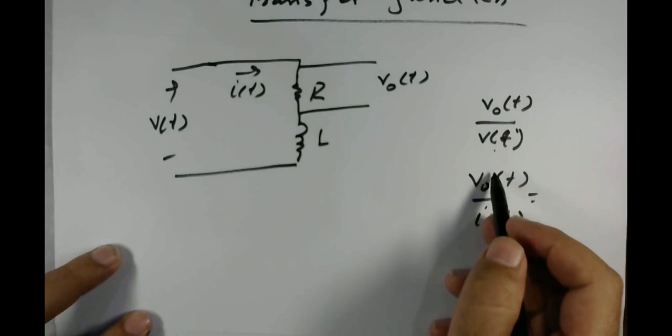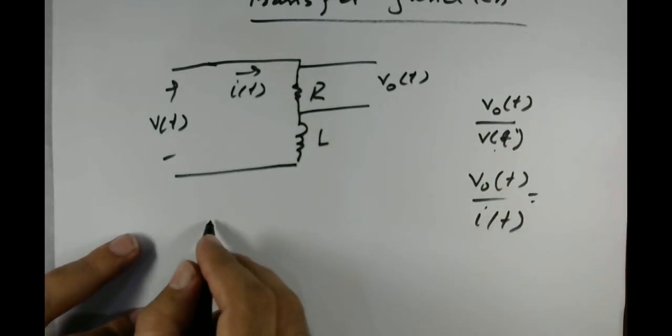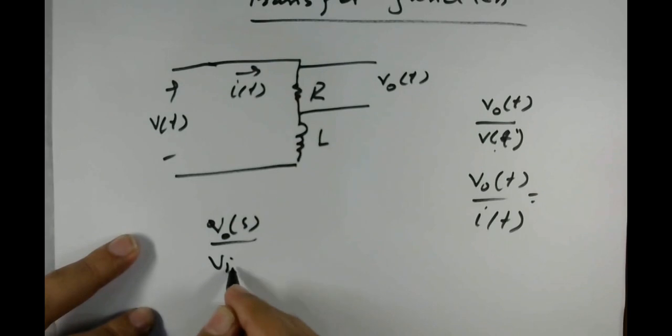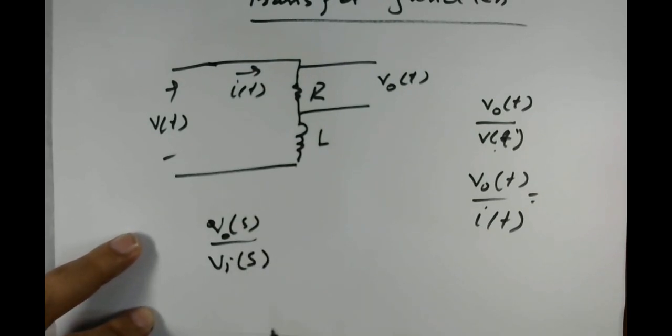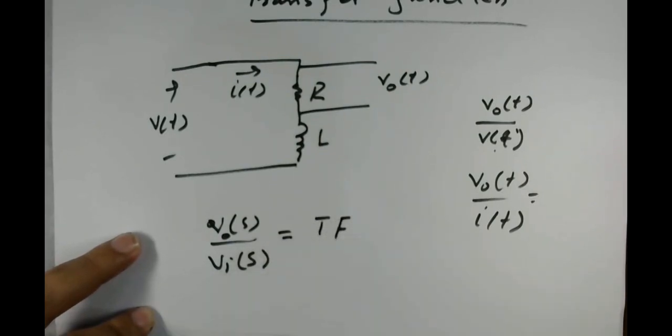But these are in the time domain. You need to find these values in the S domain. So this will look like your output V(s) over your input voltage V(s), and this is your transfer function.